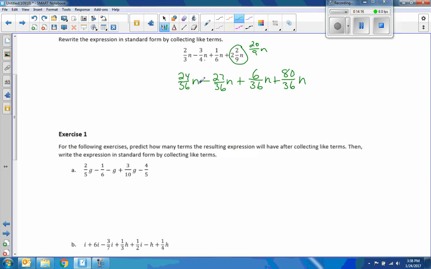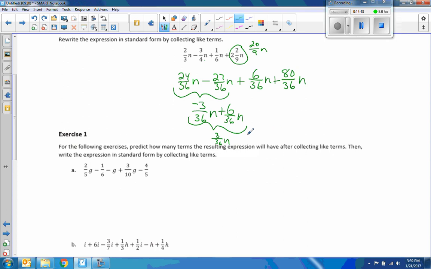So they're all in 36ths, so we can work left to right because it's all addition and subtraction. So 24 minus 27, I'm going to do this in steps so we don't make a mistake. 24 minus 27 is negative 3 over 36, and plus 6 over 36, these add up to 3 over 36, because negative 3 plus 6 is 3.